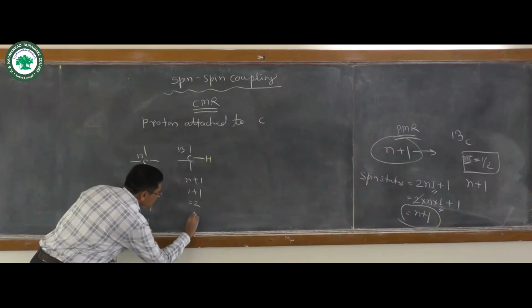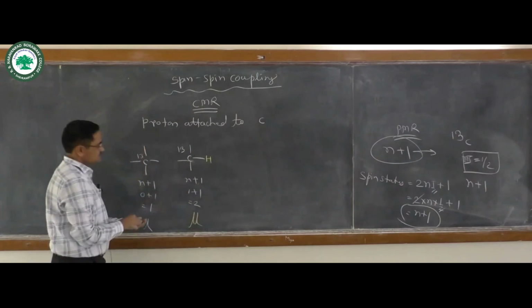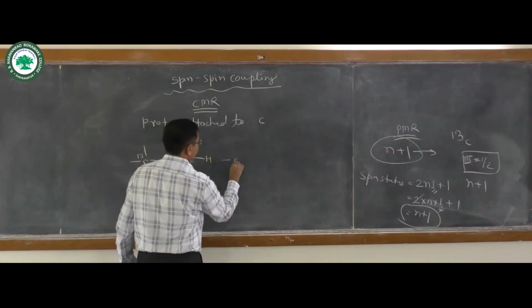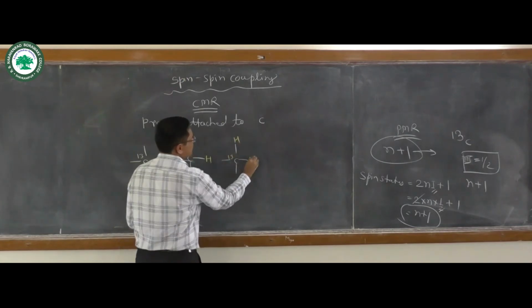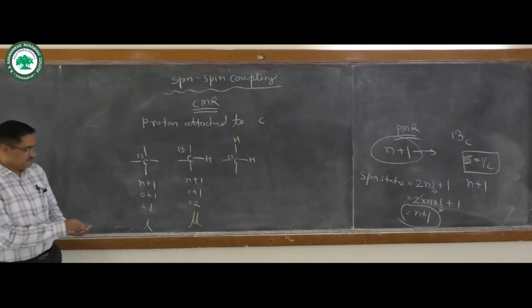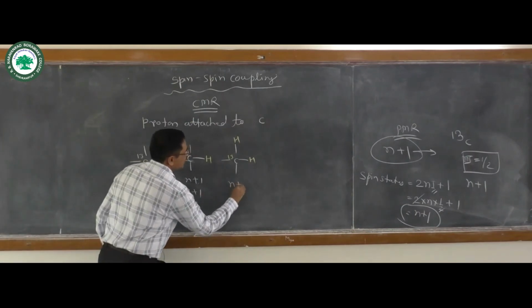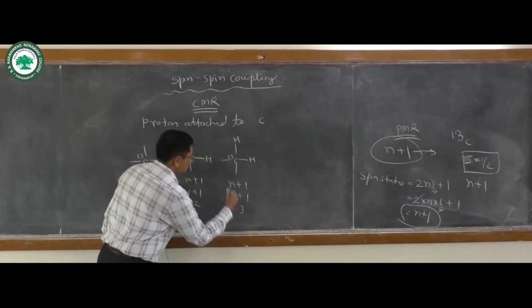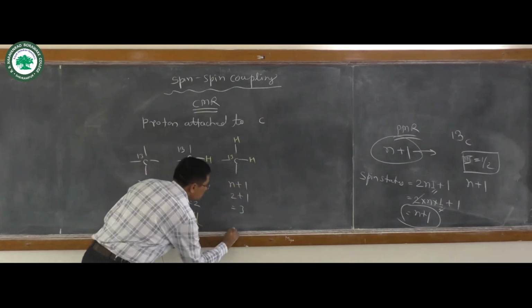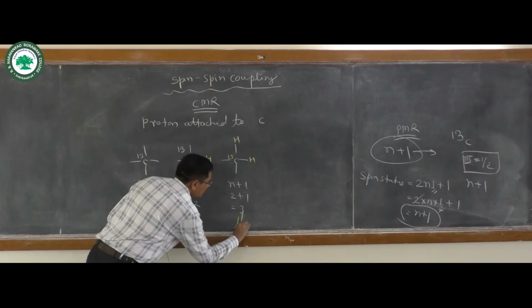Two lines look like this. Then suppose there are two protons, as per the formula n plus 1, 2 plus 1 equals 3, it gives a triplet.